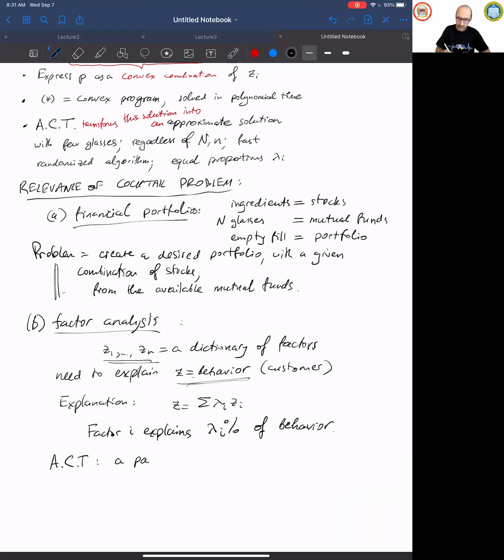So the approximate Carathéodory theorem builds a parsimonious model. Parsimonious means economical, short. It's a short explanatory model. It's not the best method to do that, but it's one of the methods available in factor analysis.